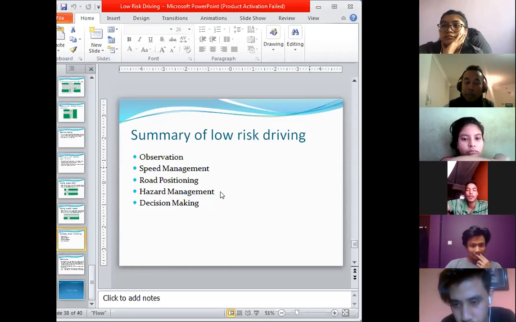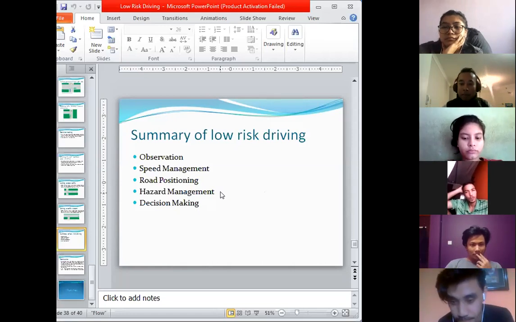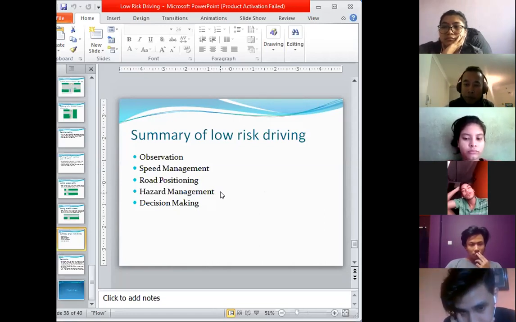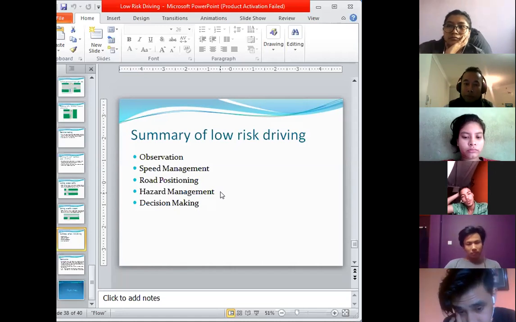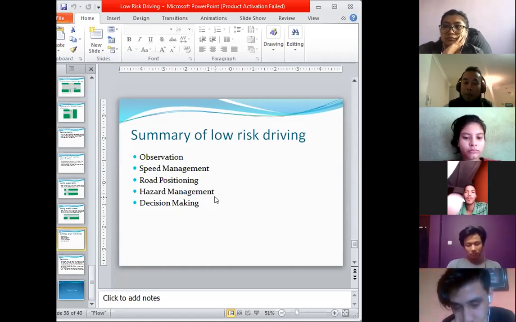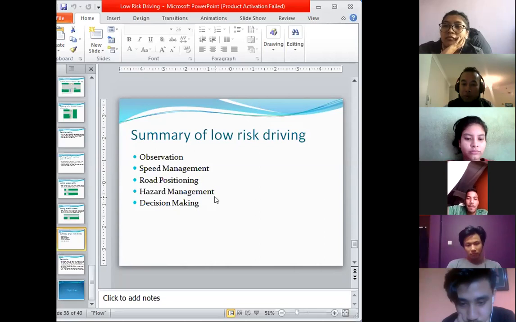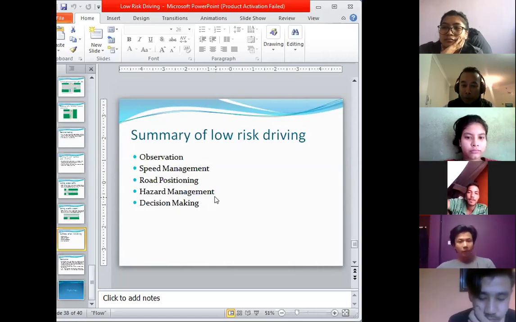So hazard management. As you know the definition, a hazard means a potential risk of being in a crash in terms of driving. If you are driving and there's a hazard, what you need to do is respond. Response means slowing down your speed and moving away from the hazards.